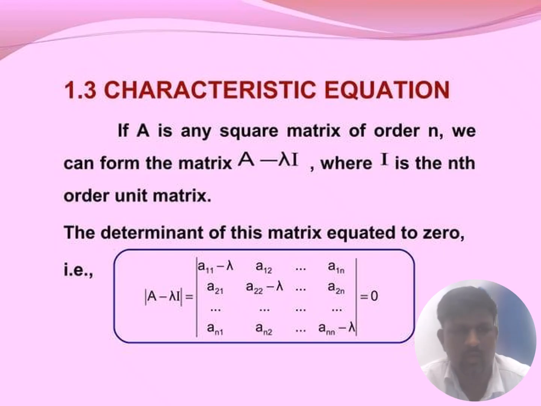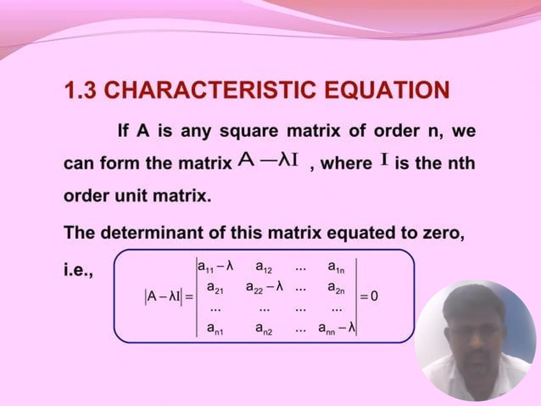Okay, so now we are going to see the characteristic equation. So now let's move to one of the most important concepts in linear algebra, eigenvalues and eigenvectors. Before that, we should know the concept of the characteristic equation.